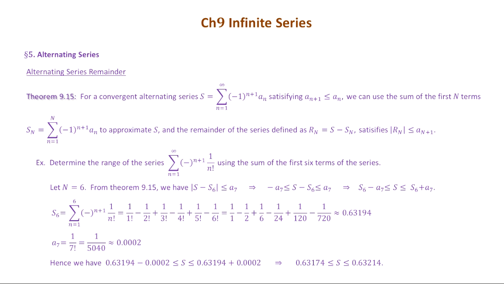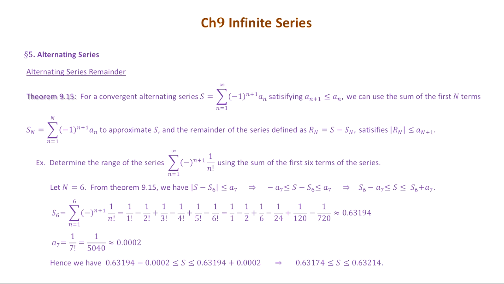Each absolute value inequality turns into a compound inequality: negative a7 is less than or equal to S minus S6, which is less than or equal to a7. In other words, the error for the truncation will be between negative a7 and positive a7. If you add S6 to each part, you get S is between S6 minus a7 and S6 plus a7.